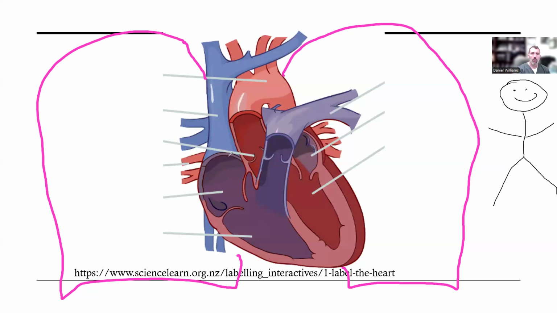Let me see if I can make that a little bit thicker so it's easier to see. Blood gets returned from the body by way of your superior vena cava and your inferior vena cava, and that blood gets into the right atrium. So that blood hangs out in the right atrium.